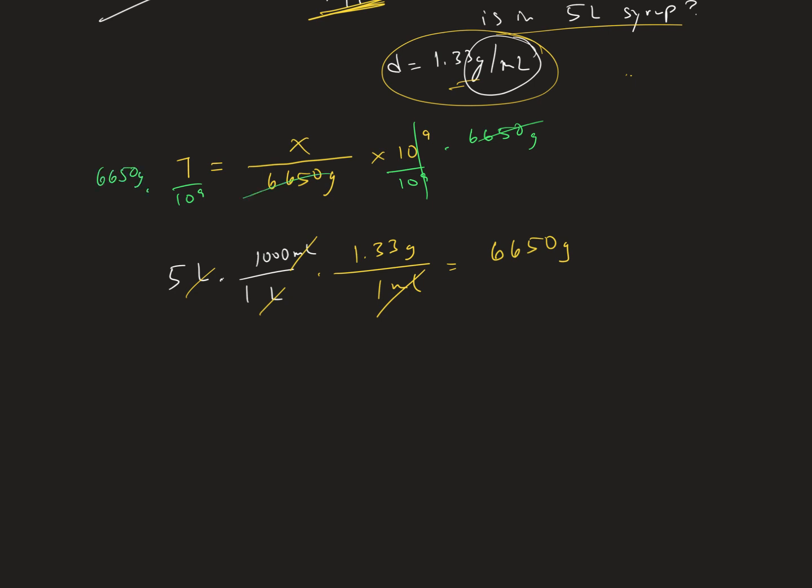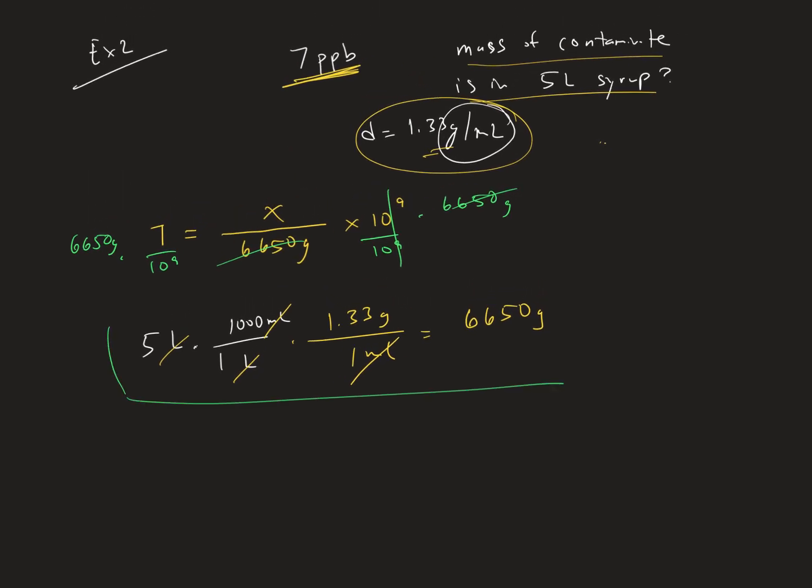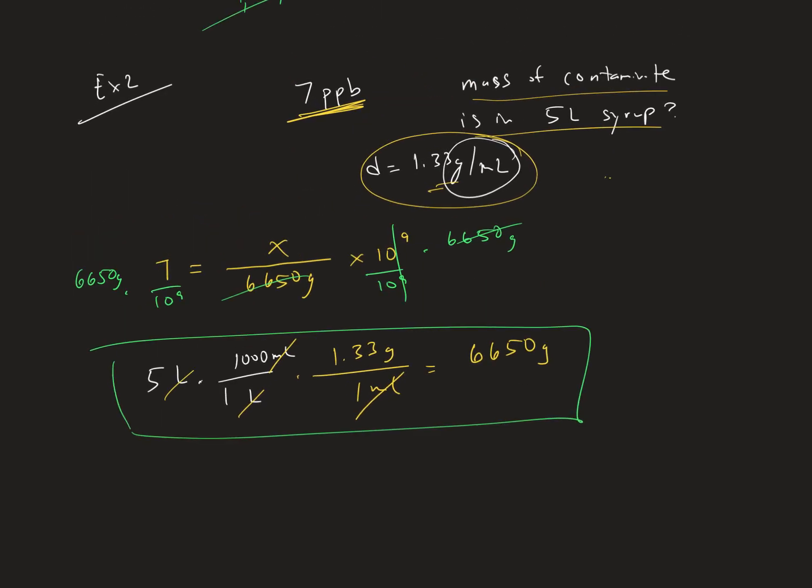Everybody following me there? Okay, where did you get the 6650? Right here. I converted, we have 5 liters of syrup, and I used the density, convert that to grams.